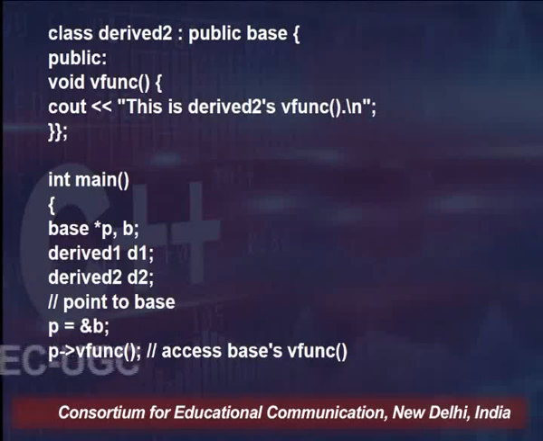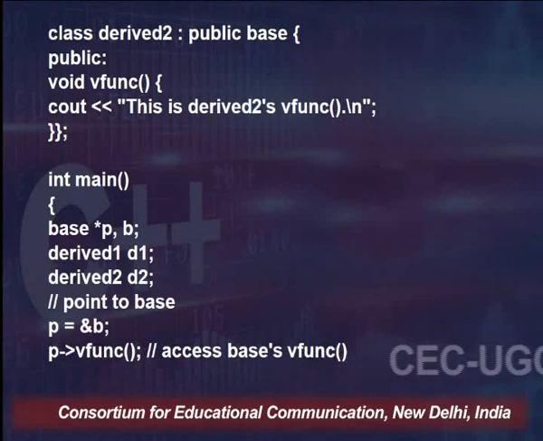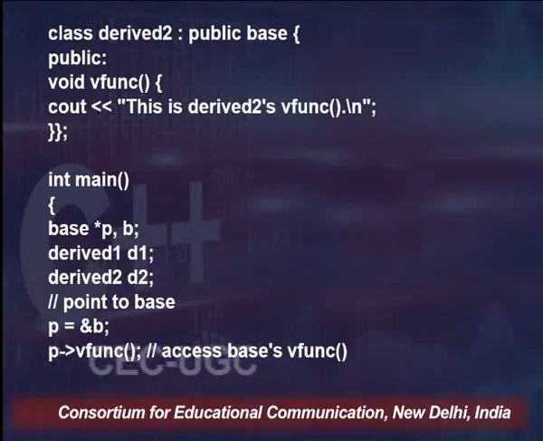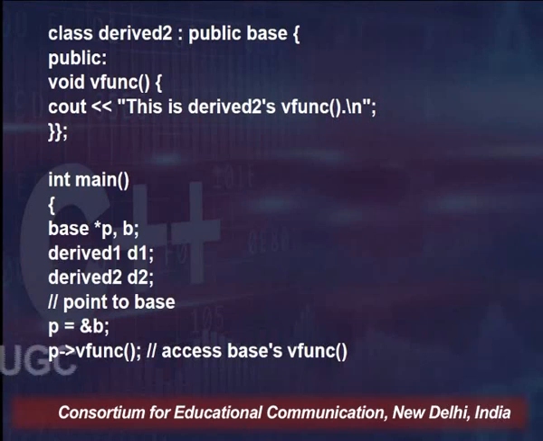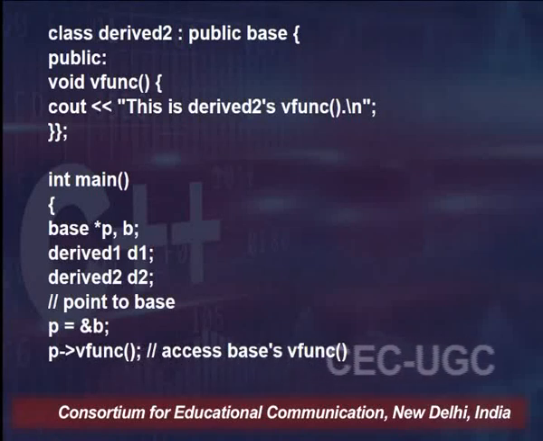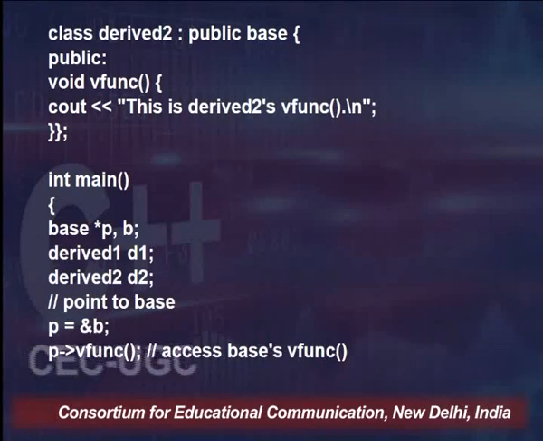It is shown here with the variable name p, and Base asterisk p means a pointer which will point towards an object of the base class. Then we have one object of the base class, which is b, one object of derived class 1 named d1, and one object of derived class 2, which is d2.